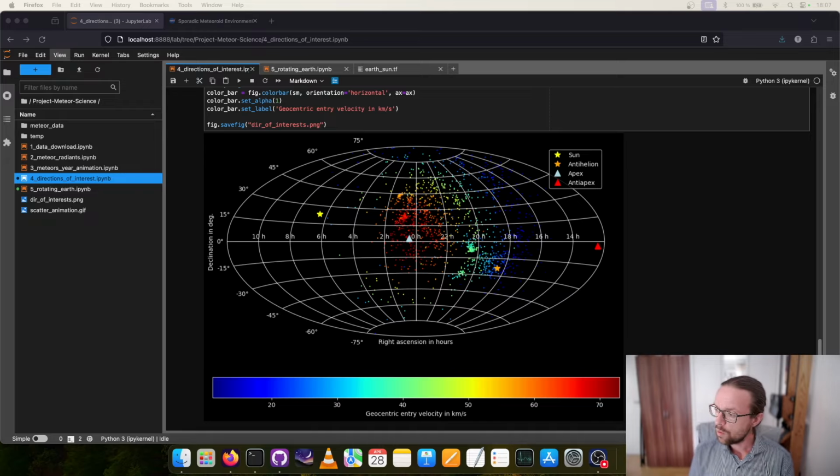Well, for this, we are going to use SPICE today. And for SPICE, we are creating something called a frame kernel. So we are creating our own reference system that helps us to determine this apex direction and this anti-helion direction.